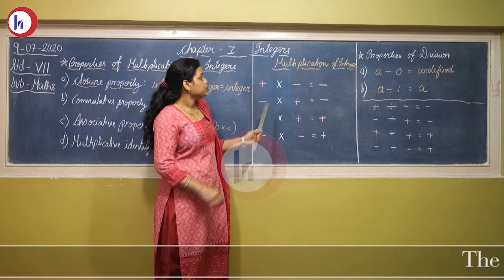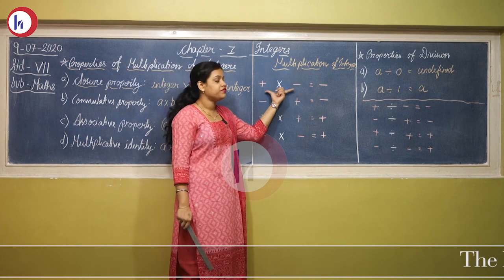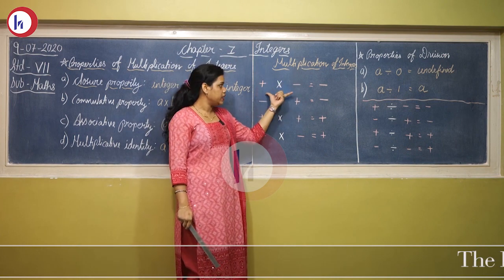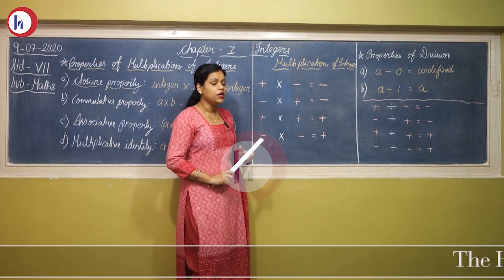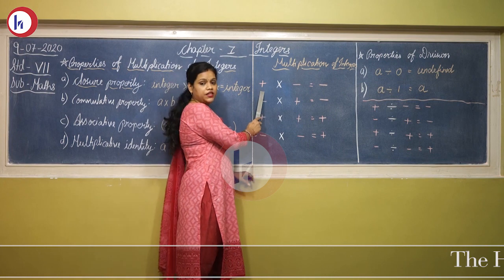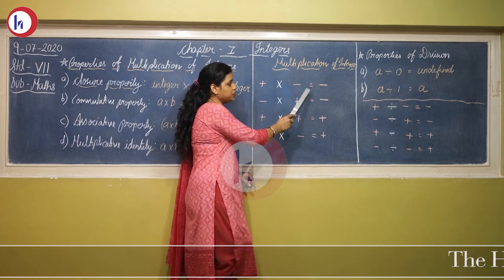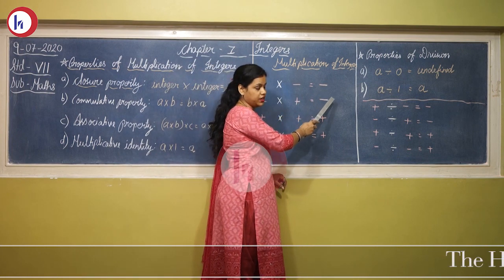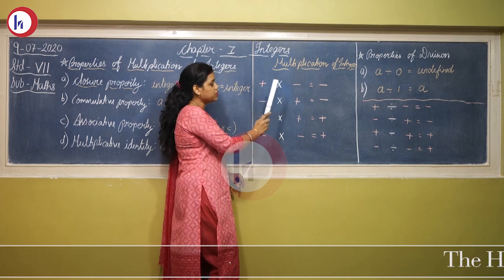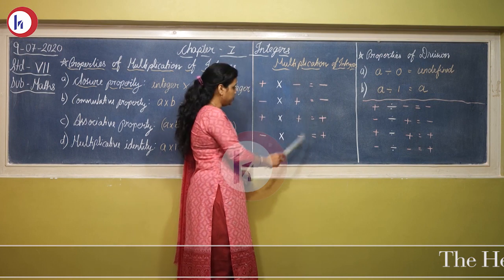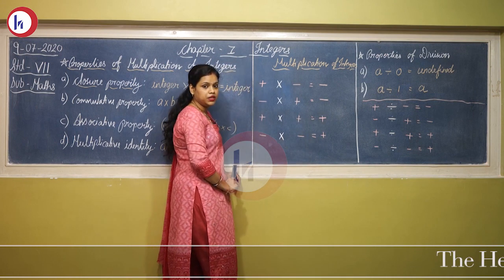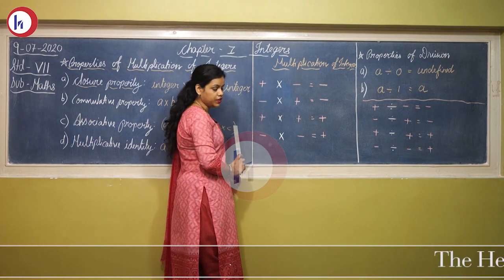Now coming to the multiplication of integers with two different signs. Here I am explaining how you will multiply when you have integers with different and same signs. Any positive integer multiplied with a negative integer, you are going to get a negative integer. Any negative integer multiplied by a positive integer, you will get a negative integer. Any two positive integers multiplied, the answer will be a positive integer.